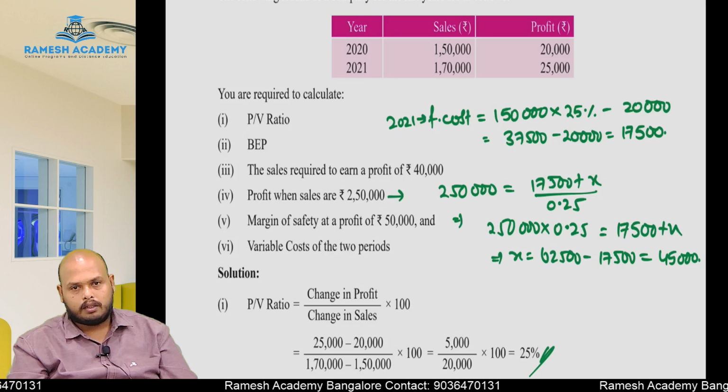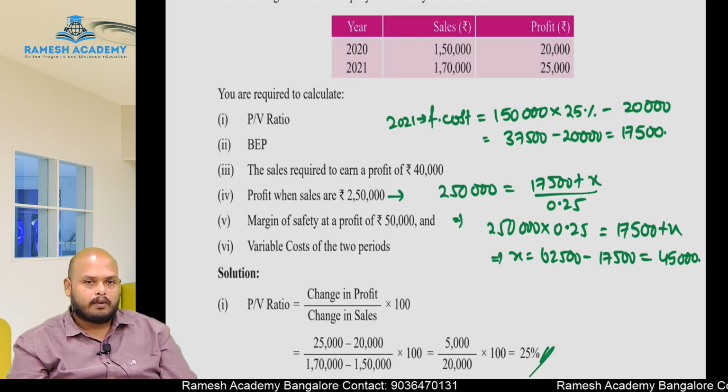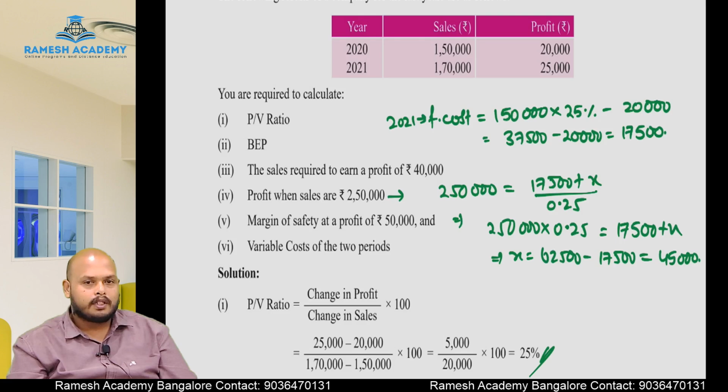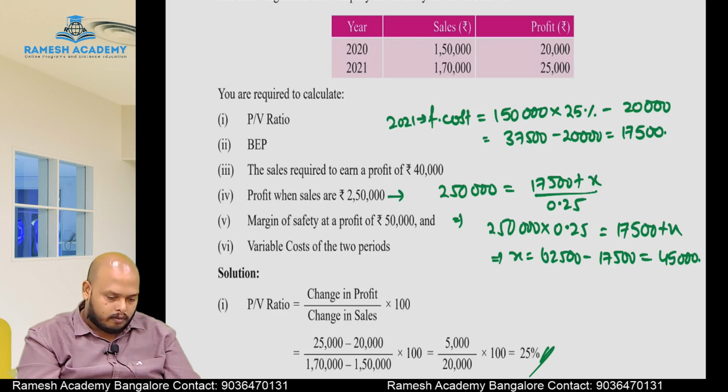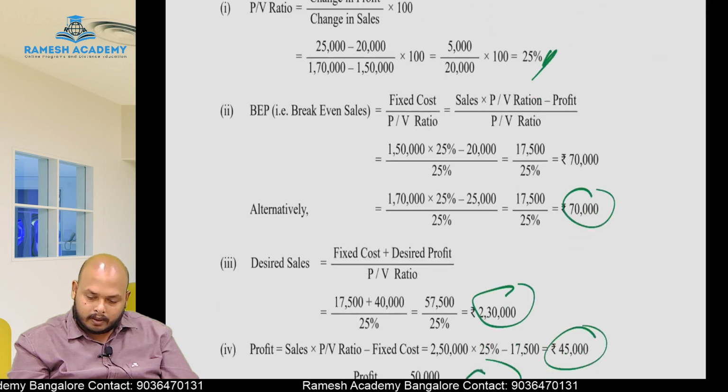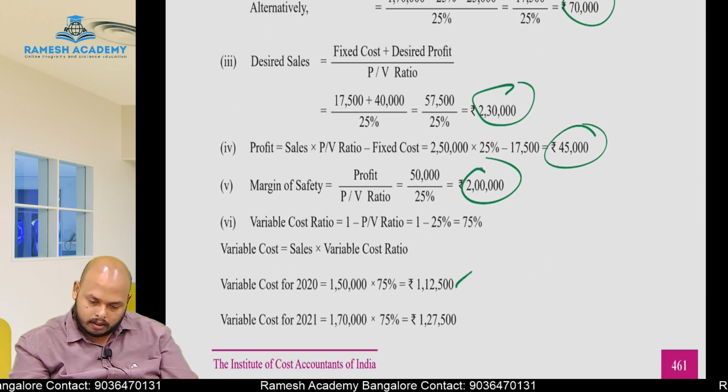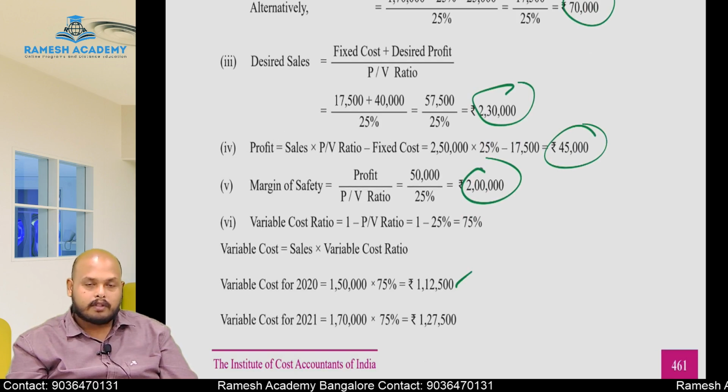Next question. Variable cost of 2 periods he is asking, 2020 and 2021. Simple. We already know PV ratio. PV ratio is 25%, means variable cost ratio is how much? 75%. So 1,50,000 into 75%. How much? 1,12,500. Right? Why? Because we know the universal formula.